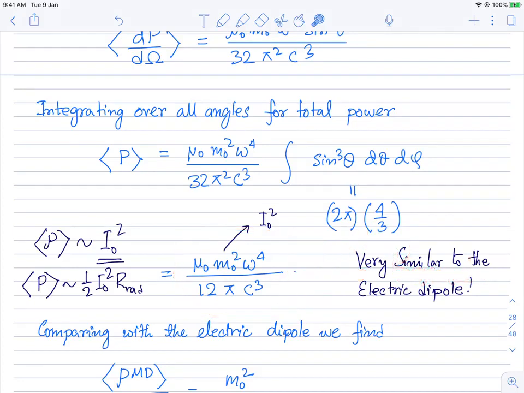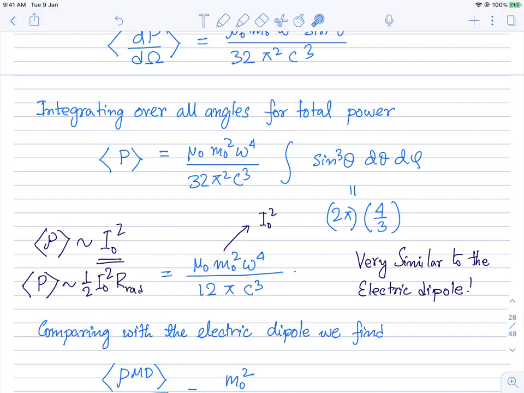If you say that, then the I naught square from here and here is going to cancel, and you are going to be left with an expression for this R radiation, which you can consider as the radiation resistance.